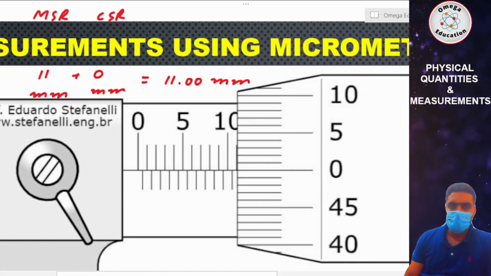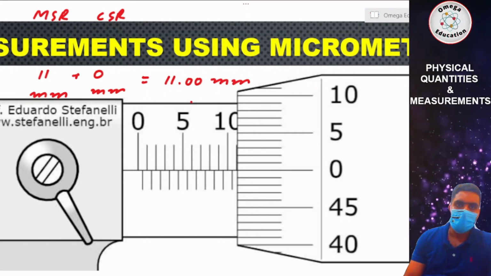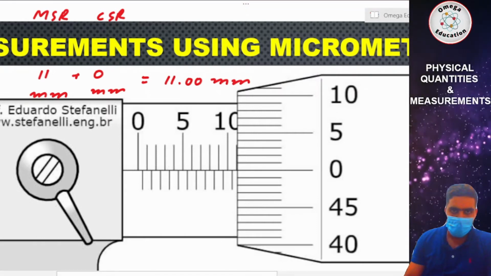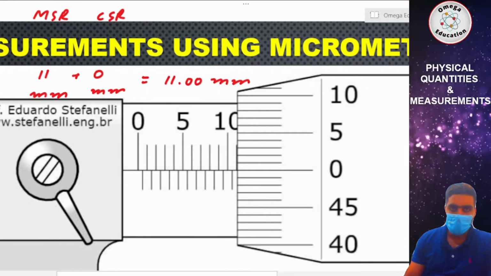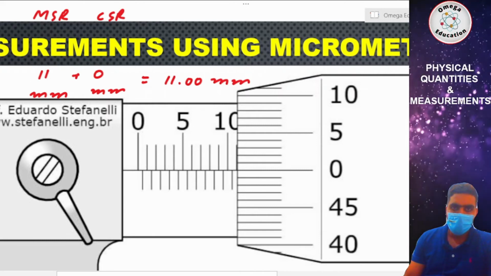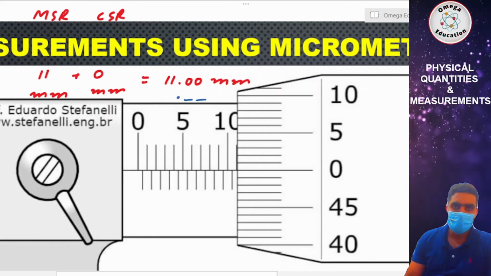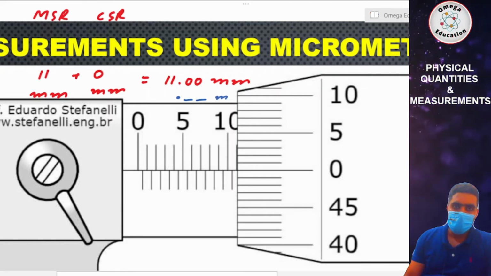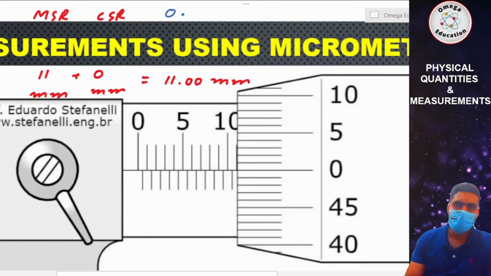Once again, the better way is 11.00, because we know that your micrometer is capable of measuring two decimal places in millimeters. The least count was 0.01.